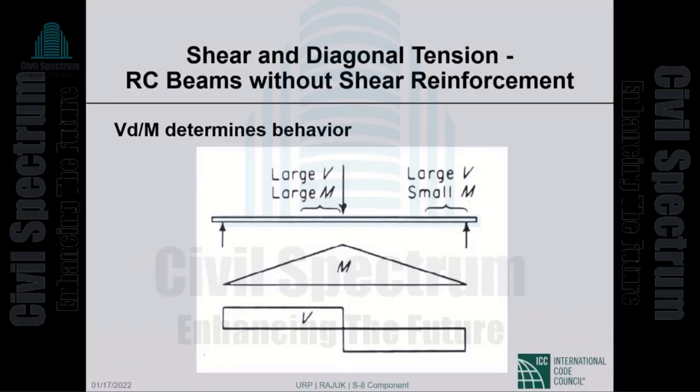Okay, now a few things that are good to appreciate. Typically the ratio V D over M, where V is the shear, M is the corresponding moment at the section, and D is the effective depth.